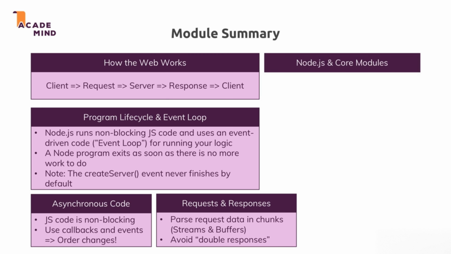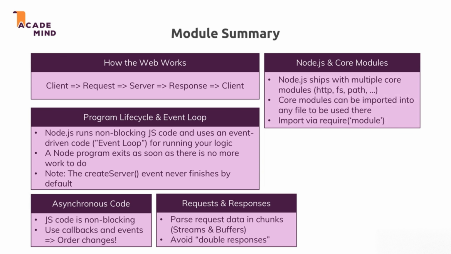We also learned that Node.js is all about using its built-in functionalities, and whilst there are some global variables or objects or functions we can use, this also means that we should use its core modules. Core modules are things like the HTTP, the FS, or the path module. There are more, and you can learn all about them in the official Node.js docs, of course. We'll also use quite a lot of them throughout this course.